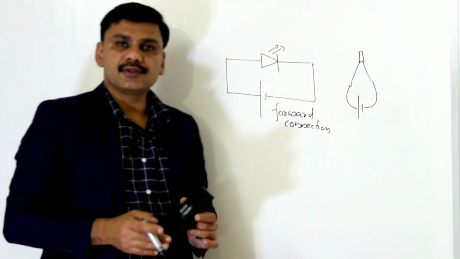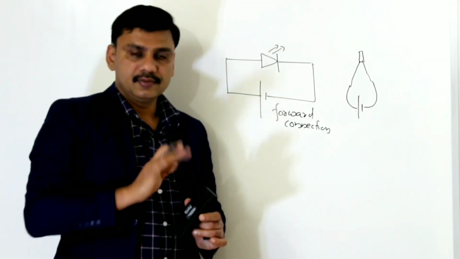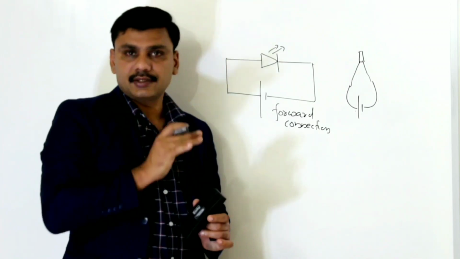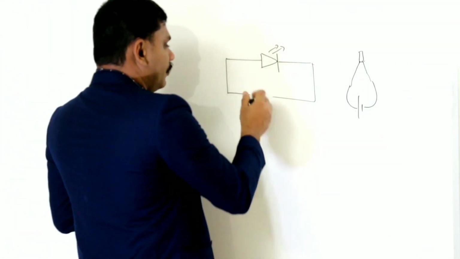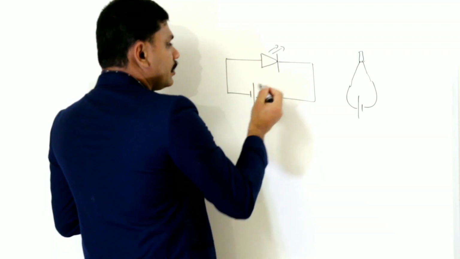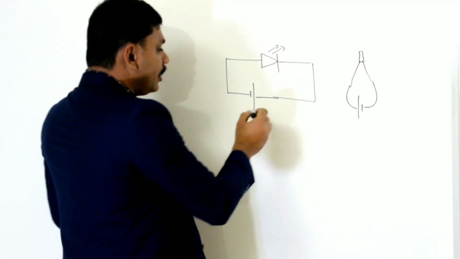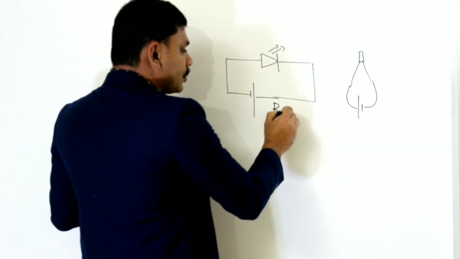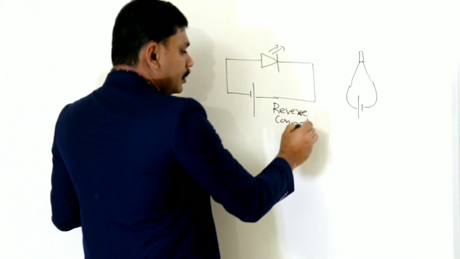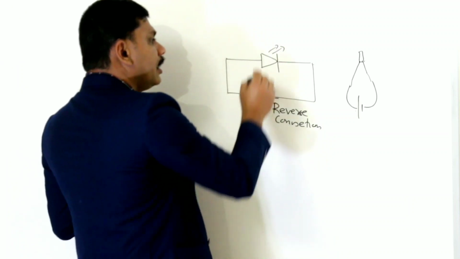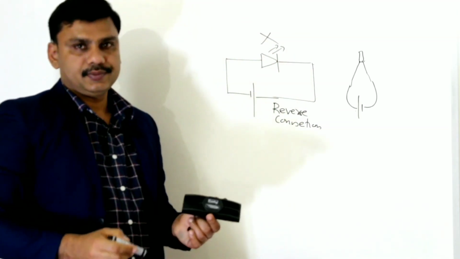That way of connection is known as forward connection. Then only the LED works. If you connect like this, LED will not glow, and this connection is known as reverse connection. In this connection, LED will not work.